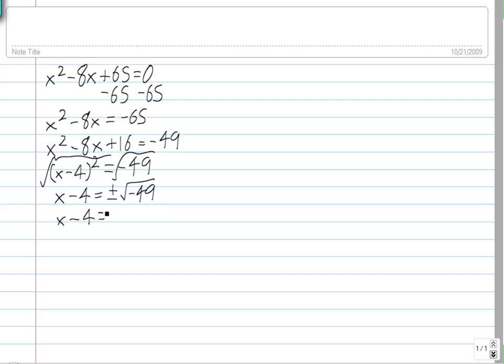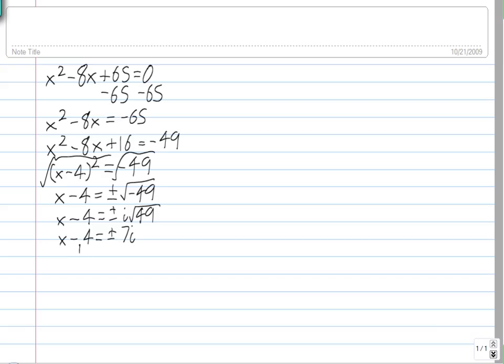Now, since you can't have the square root of a negative number, you're going to need to change this into i times the square root of 49. Now, the square root of 49 is 7, so you'll be left with 7i.